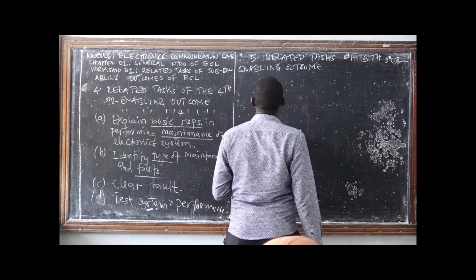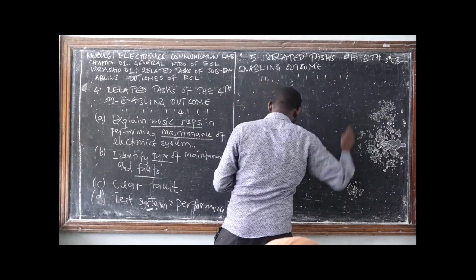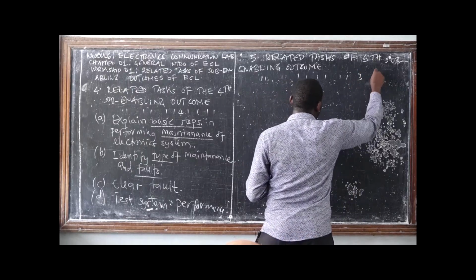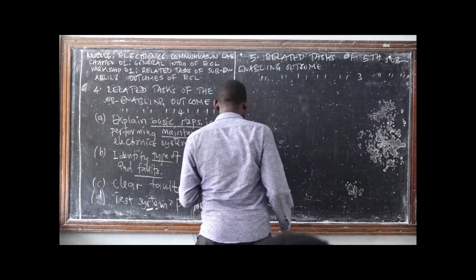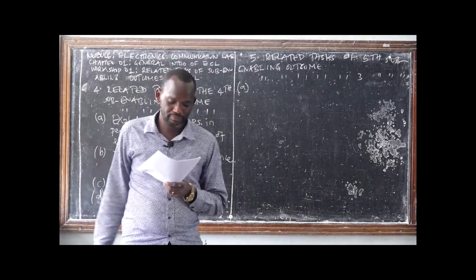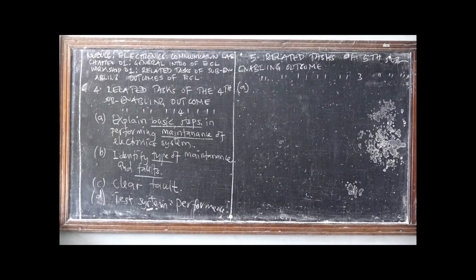So let us task you on the fifth sub-enabling outcome. According to the IT curriculum, there are 3 related tasks of the fifth sub-enabling outcome. Before we learn about the related tasks, let us remind ourselves of the fifth sub-enabling outcome. Let us read together and see who can read it loudly.